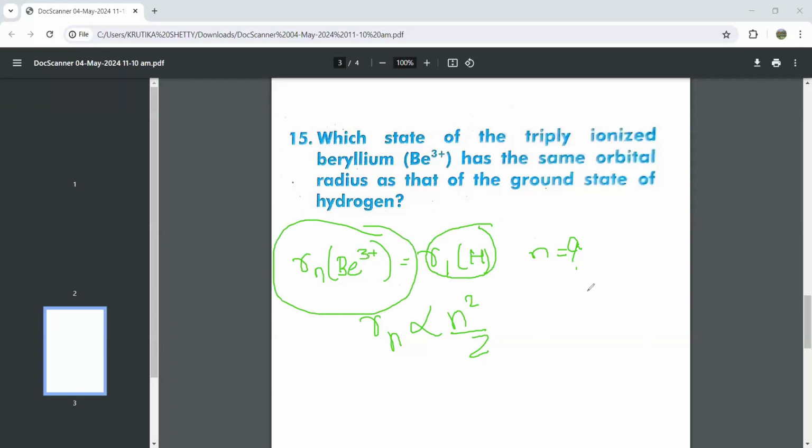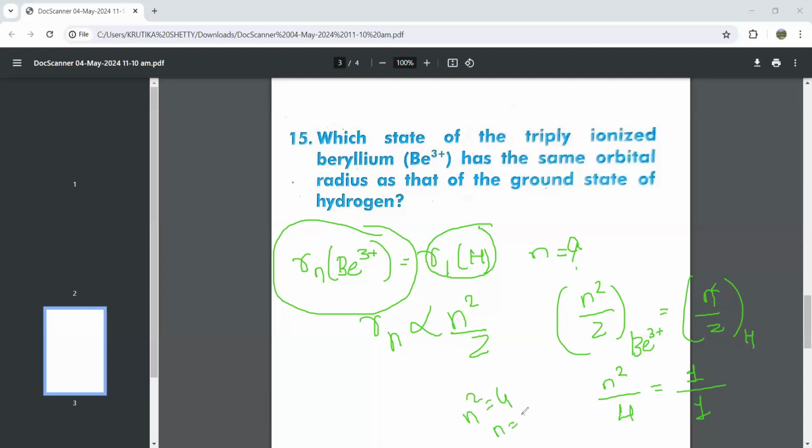So n square divided by Z for beryllium 3 plus is equal to n square divided by Z for the ground state of hydrogen. Z value for beryllium is how much here, students? It is 4. And for the hydrogen atom in the ground state, n square is 1 square, so 1 divided by 1, which is nothing but 1. Therefore n square is equal to 4, and n is equal to 2.